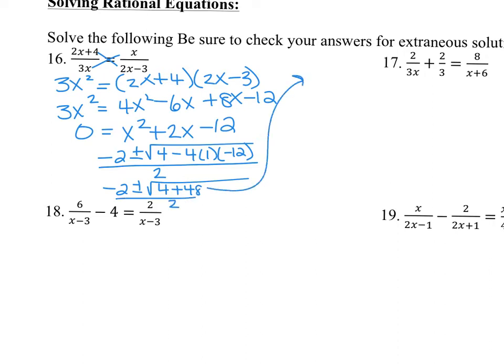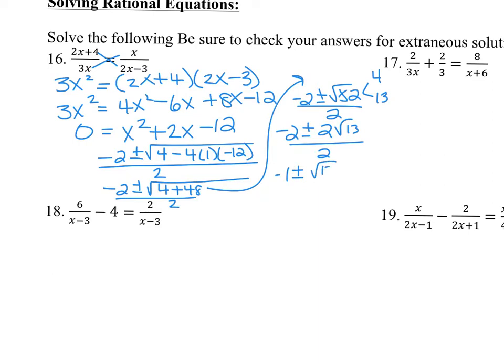So now I have negative 2 plus or minus the square root of 52 all over 2. 52 makes 4 and 13. So that's 2 rad 13 all over 2. So now I'm left with negative 1 plus or minus square root of 13. It's a solution.